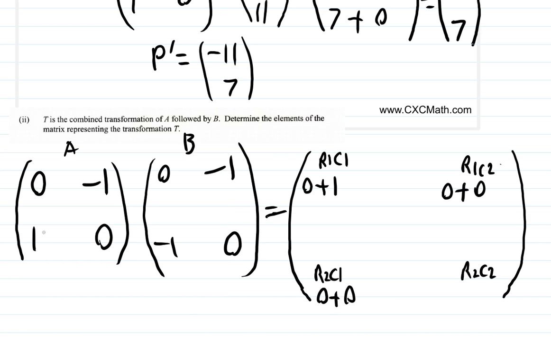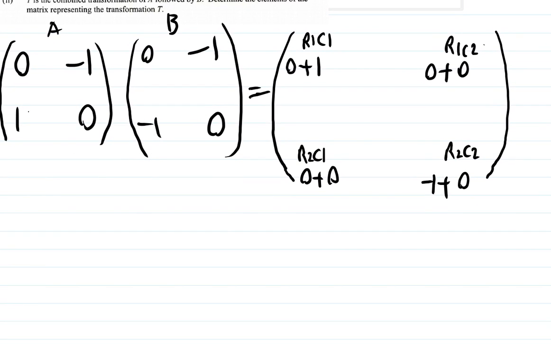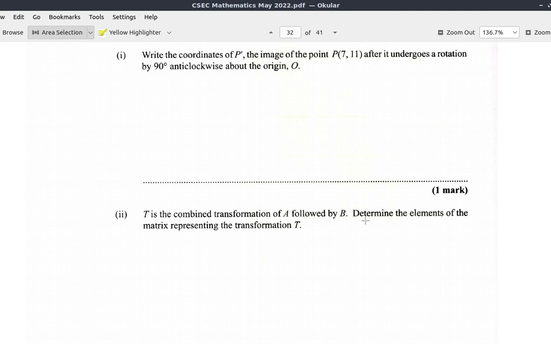First in row 2 by first in column 2, 1 times negative 1 is negative 1, plus second in row 2 by second in column 2, 0 times 0 is 0. So this matrix is 1, 0, 0, negative 1. That is the matrix that you have there.